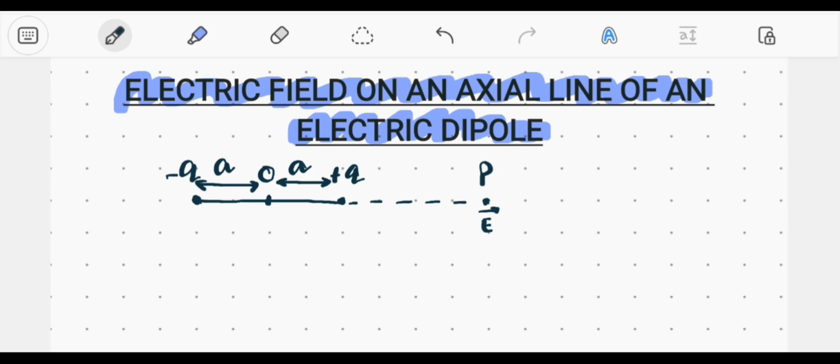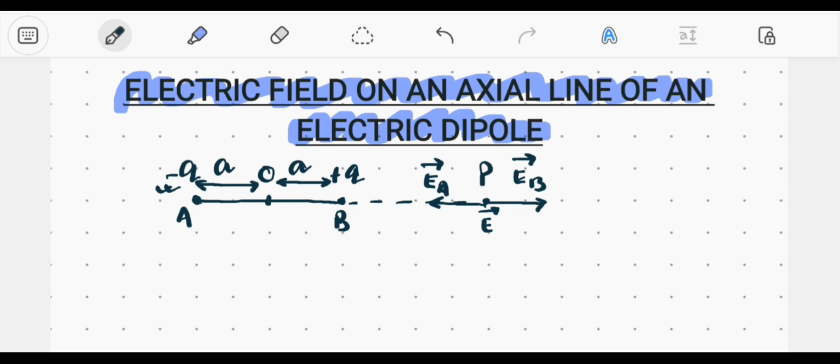Now, let us name the minus charge as point A and the plus charge as point B. Due to point A, the direction of electric field will be in this direction, represented as EA vector, and due to point B, the direction of electric field will be in this direction, that is EB vector.